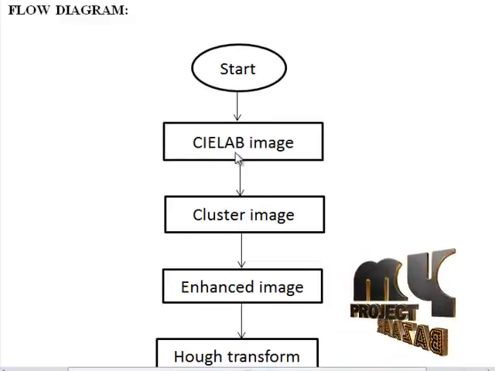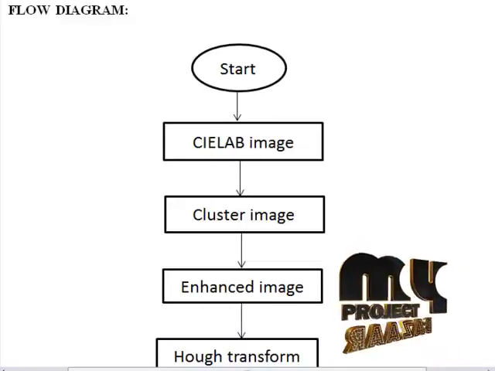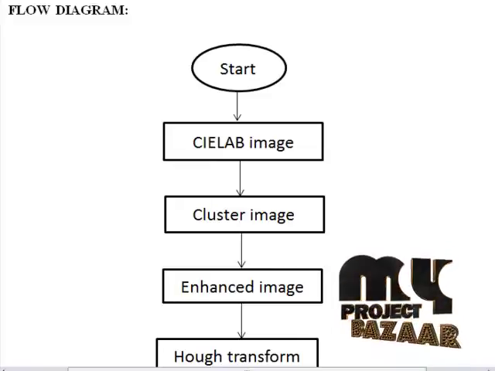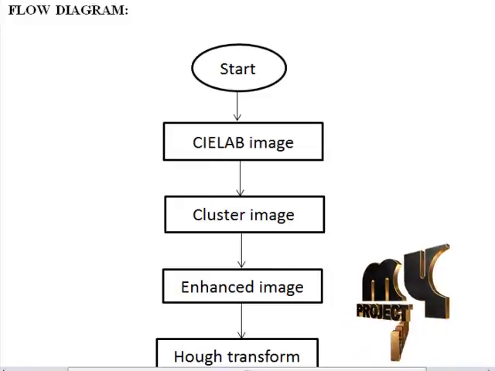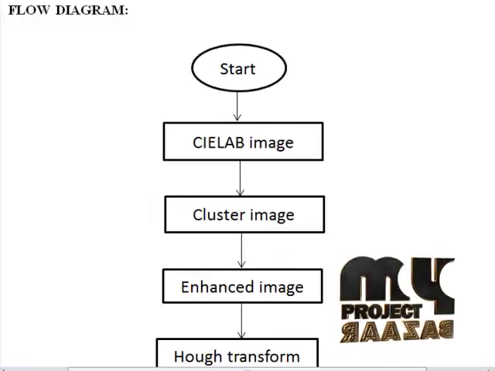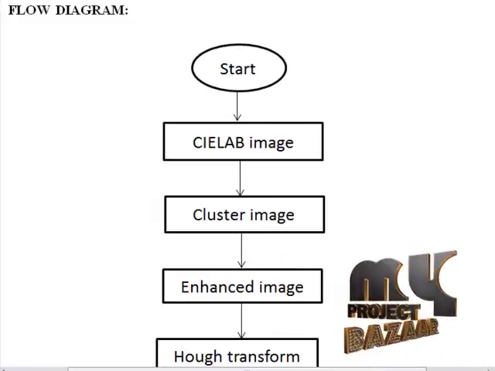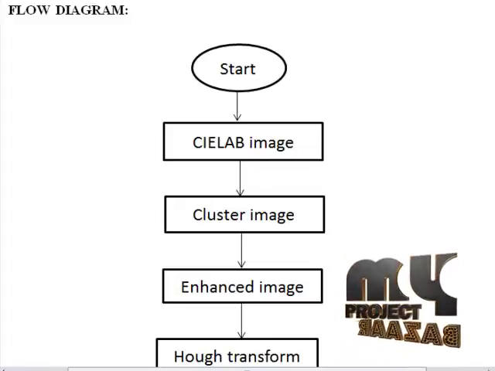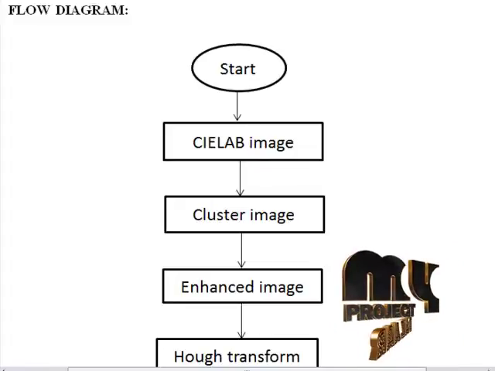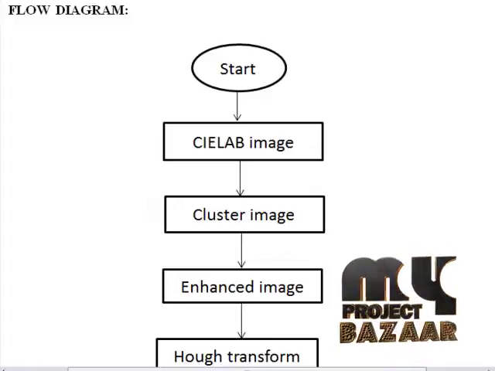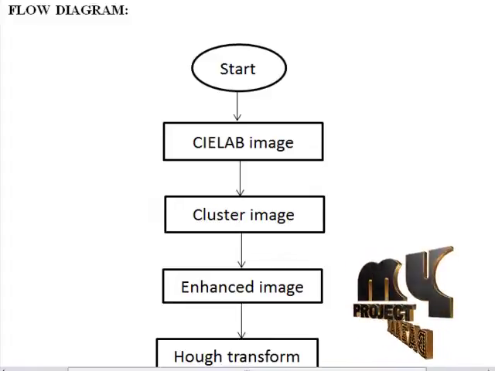In CLAB image, the retinal image in RGB color space is taken as input image. Then the retinal color image is converted into CLAB color space. The retinal image in CLAB color space is pre-processed to eliminate the noise.